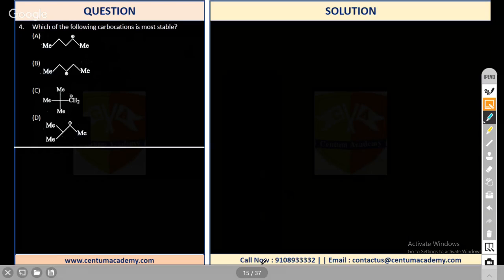Where is the 3-degree carbocation we have, Sanjana? sp3 hybridized. Where we have more hyperconjugative structures in C. How many alpha hydrogens do we have there in C?